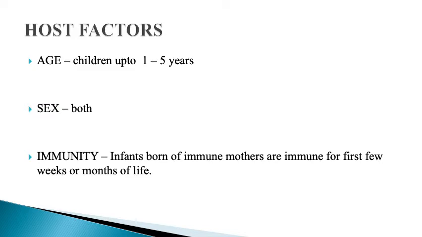Immunity: infants born of immune mothers are immune during the first few weeks or months of life. Before artificial immunization was given, a large proportion of the population in developing countries acquired active immunity through inapparent infections, which resulted in widespread production of antitoxin in the population.